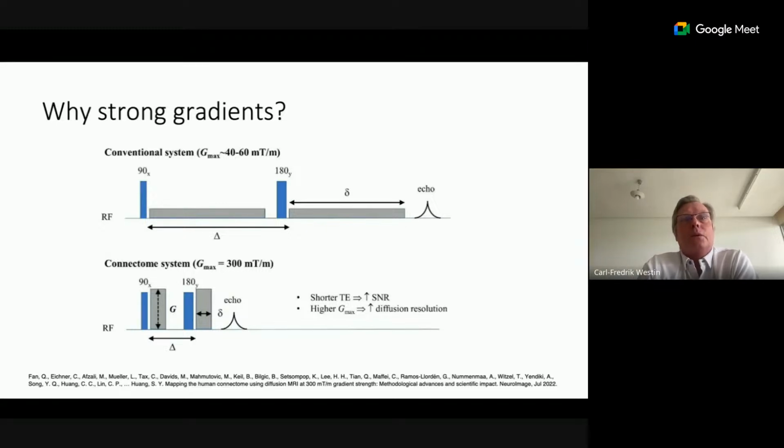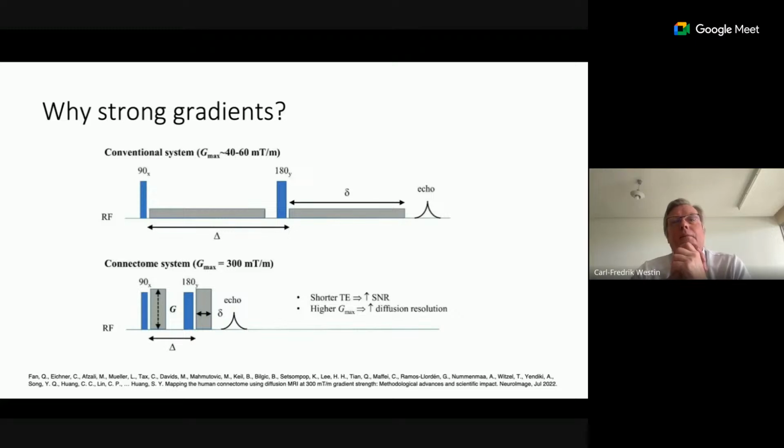The reason we want strong gradients is that the measurements we do require a certain amount of diffusion encoding. One popular variable is called the B value, which is the gray area here in this sequence diagram.